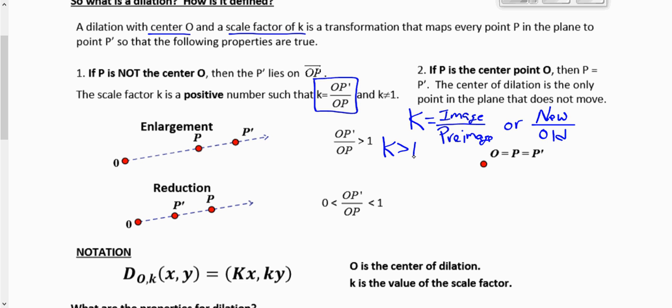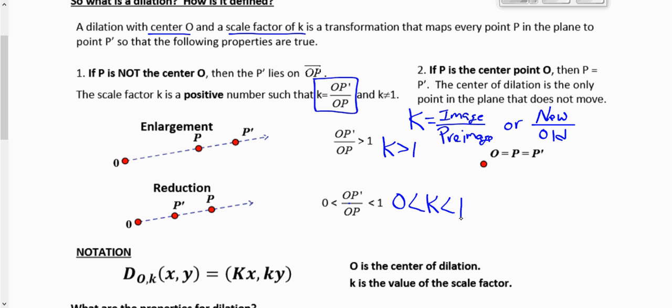Now take a look at this here. This is our K. I'll rewrite it like this. What's a good way to read that, what I just wrote? K is between 0 and 1. So if the distance from O to the pre-image P was here, now it gets closer because it's a reduction, okay?